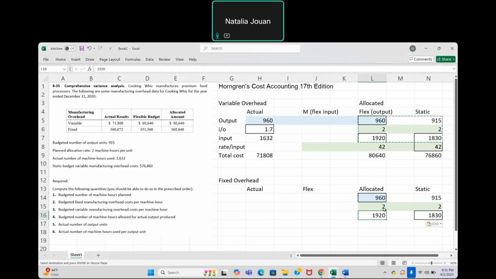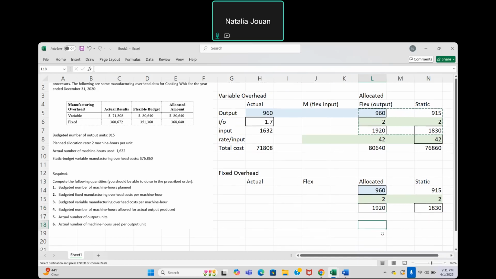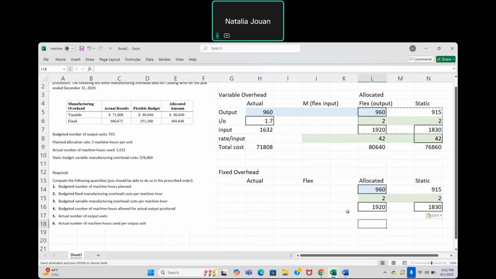We can solve either way. Okay. So what do we want now? We want the rate. We want this rate right here. We're missing number 2. Budgeted fixed manufacturing overhead cost per hour. And I don't want this. Okay. So what else do we know?